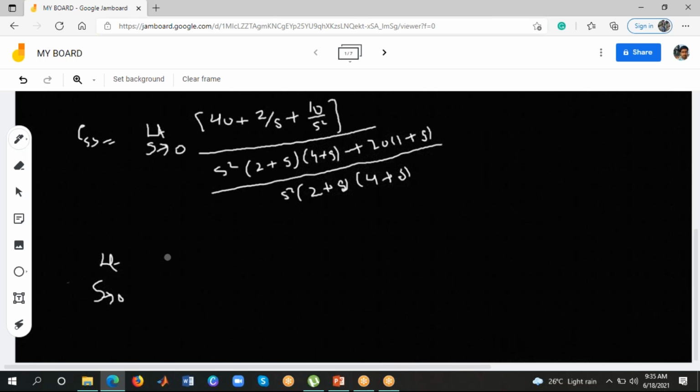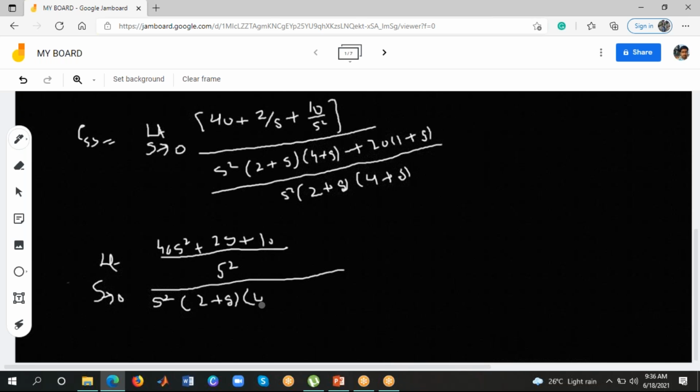Taking the common denominator s square in the numerator, limit s tends to 0: 40s square plus 2s plus 10, divided by s square into 2 plus s into 4 plus s, plus 20 into 1 plus s, divided by s square into 2 plus s into 4 plus s.